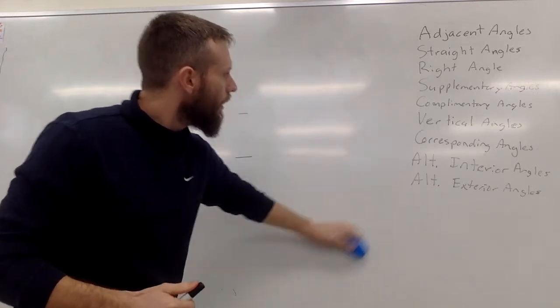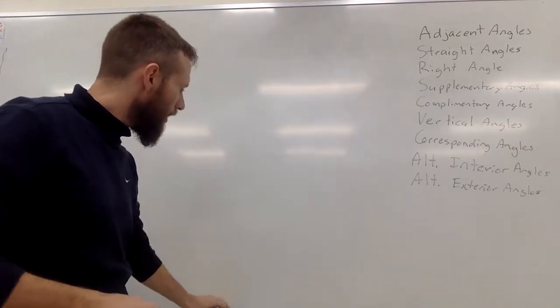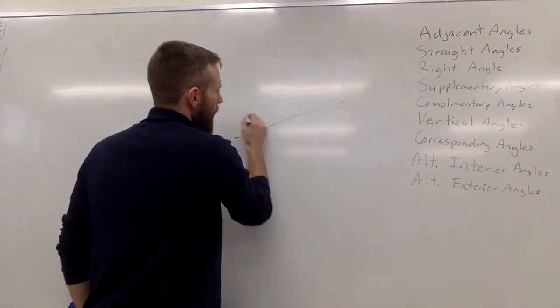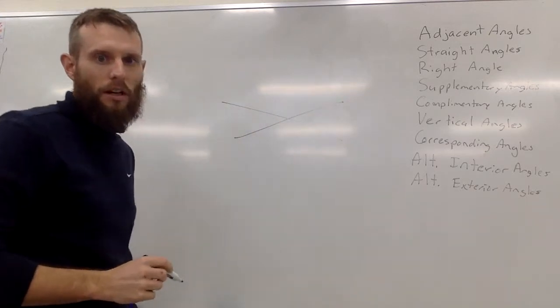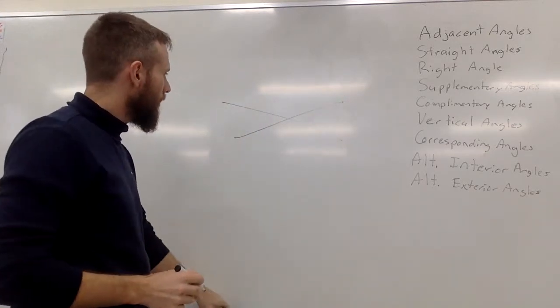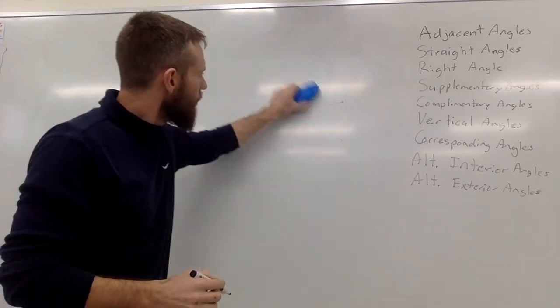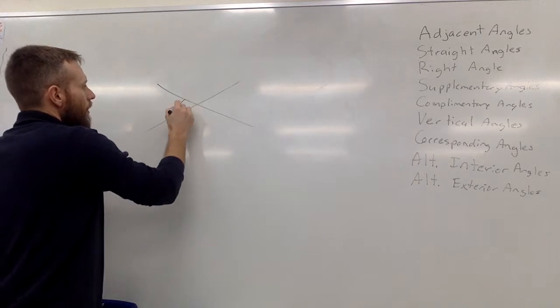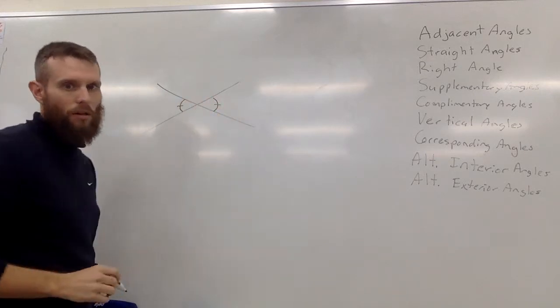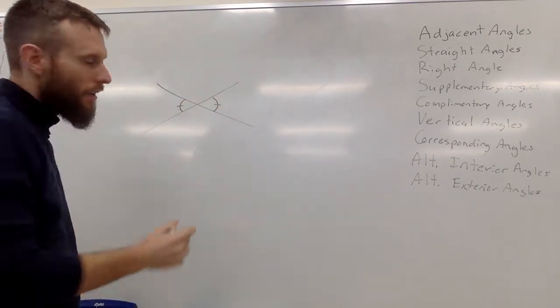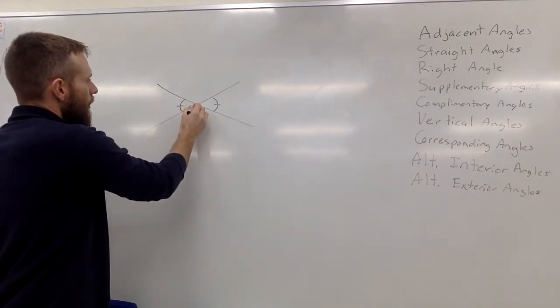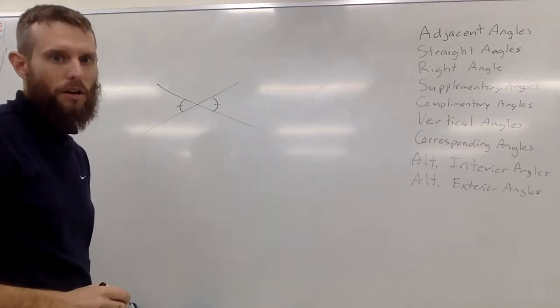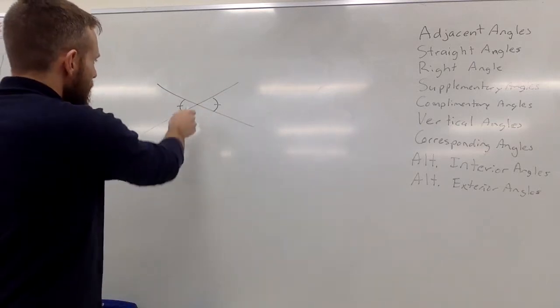Vertical angles just mean angles that share a vertex. So if I have two lines intersecting each other, then this angle and this angle are vertical angles. They are across from each other, and they're named vertical angles because they share a common vertex, the center here.